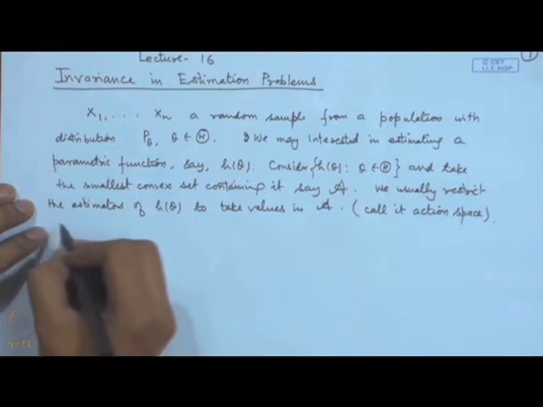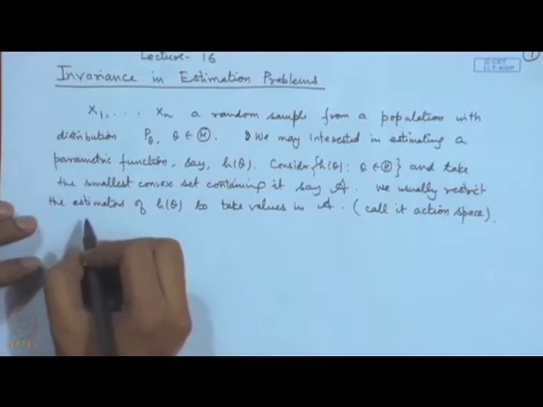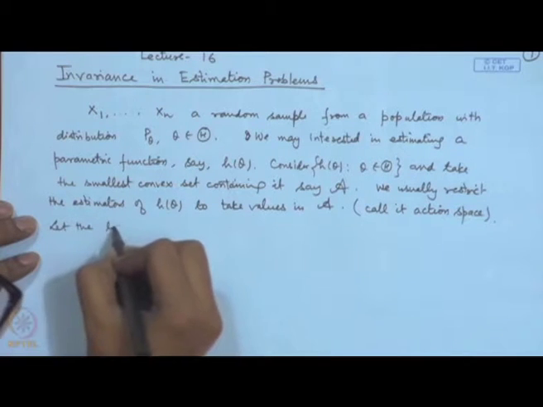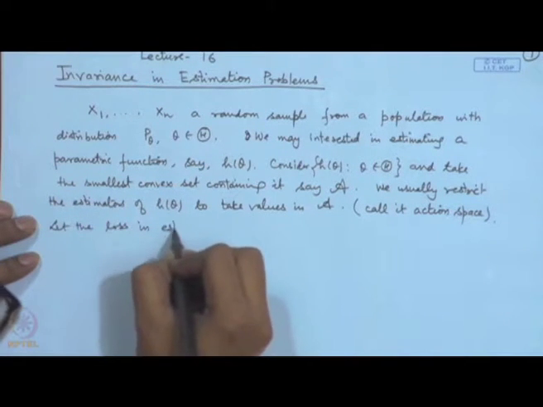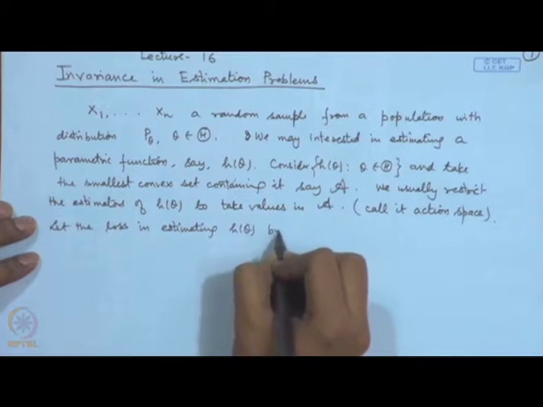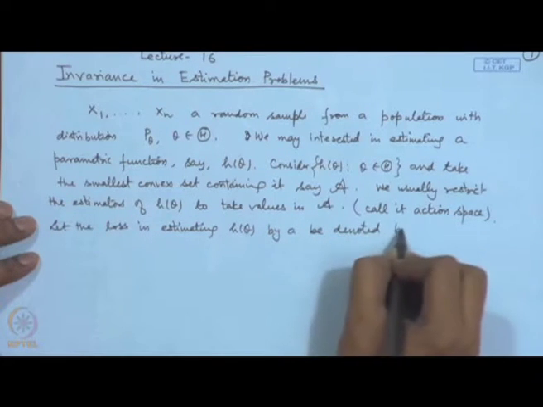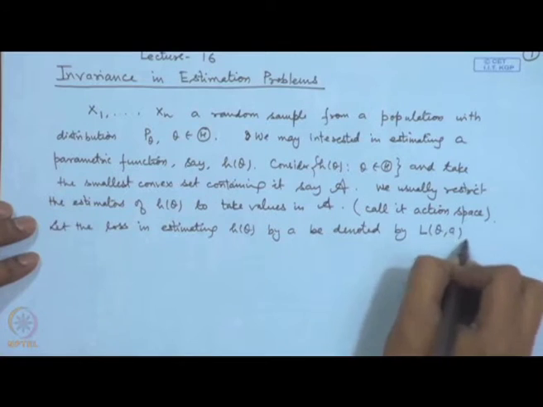Next, we consider certain criteria. I have already discussed, for example, mean squared error, but in place of mean squared error, we can consider a general function, which we call a loss function. Let the loss in estimating h theta by a be denoted by L theta, a.